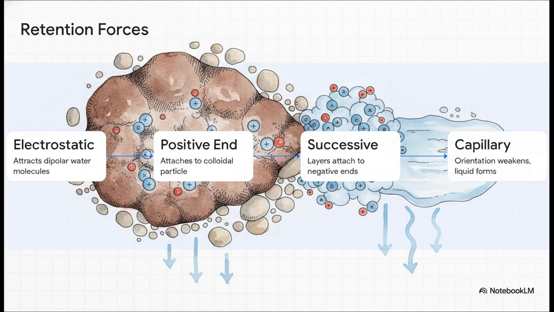Because water molecules are dipolar, they attach to the particle with their positively charged end, leaving their negative end facing out. Then, in a successive chain, another layer of water attaches to that negative end, and it just keeps stacking. Eventually, as that water layer gets thicker and thicker, the magnetic orientation gets weaker. At a certain distance, the water molecules stop orienting like magnets, and regular liquid water, or capillary water, appears. If there's still more moisture available after that capacity is hit, gravity simply pulls it downward and it drains off.